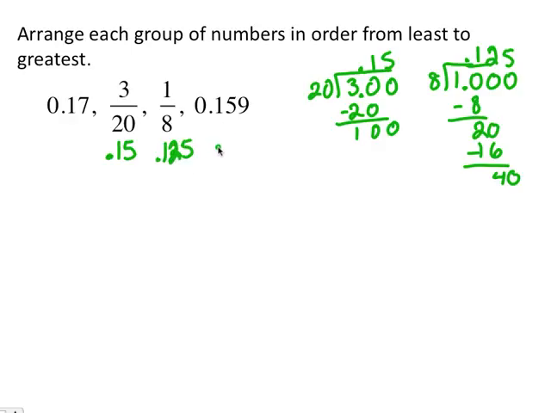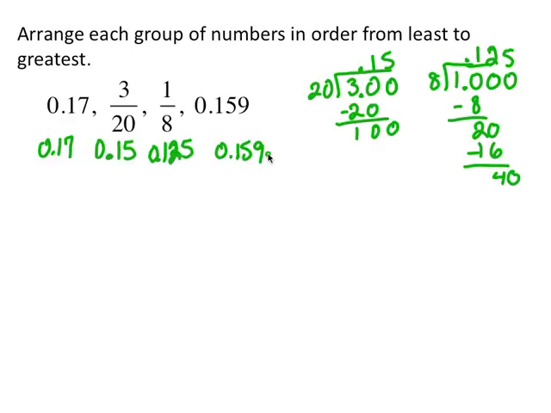Okay, so we're getting a little better here. At least they're all decimals. Now, the other thing we need to do in order to compare is all these decimals need to be the same length, so that we're not comparing hundredths and thousandths and tenths, because that gets confusing. The first one has 2 decimal places, 2 decimal places, 3 decimal places, and 3.